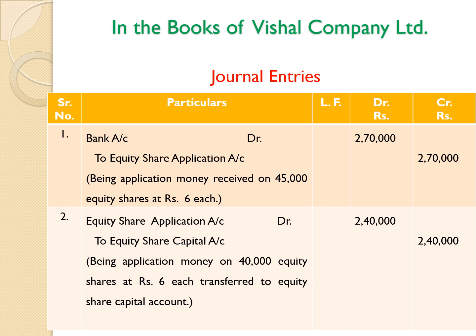In the books of Vishal Company Limited, we are asked in the problem to prepare journal entries. Therefore, here is written journal entries. For journal entries, we have prepared 5 columns. Column number 1, serial number. Column number 2, particulars. Column number 3, LF.